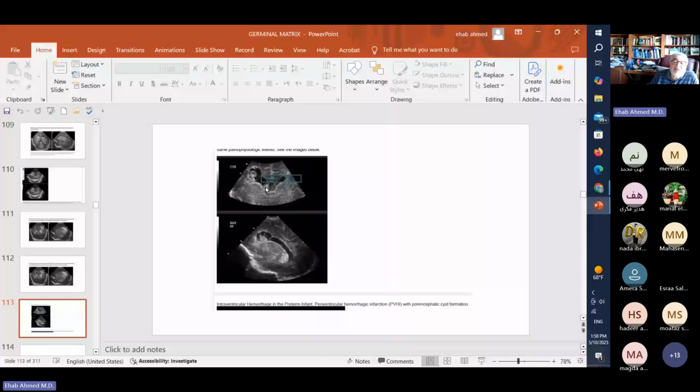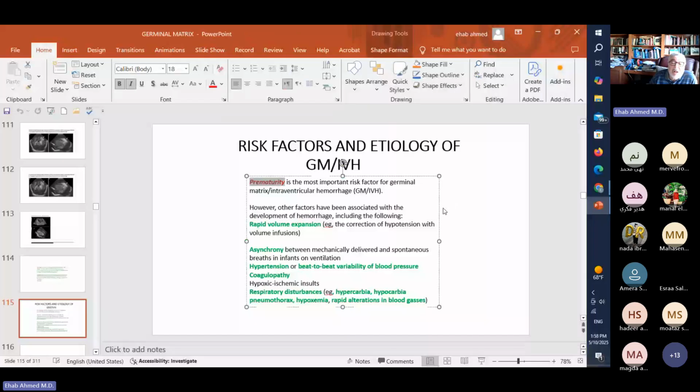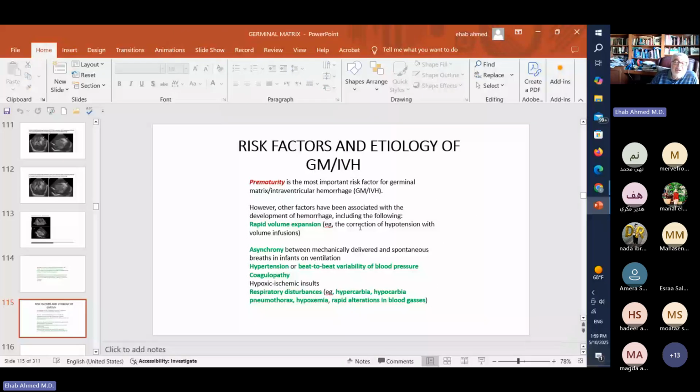What are the risk factors? Number 1 and number 2 and number 10 is prematurity. Prematurity. It is a disease of prematurity. And then we have some other risk factors. I will talk about them separately, and then we can classify them into maternal, antenatal, perinatal, postnatal.